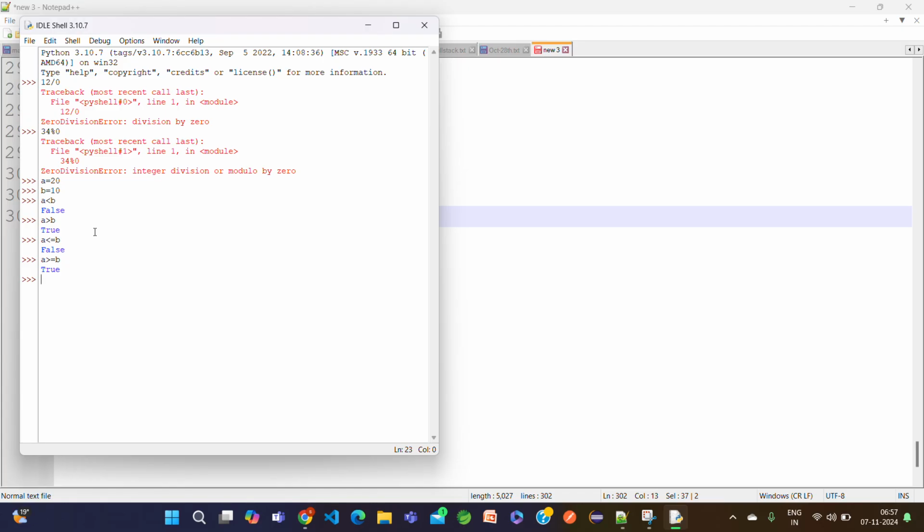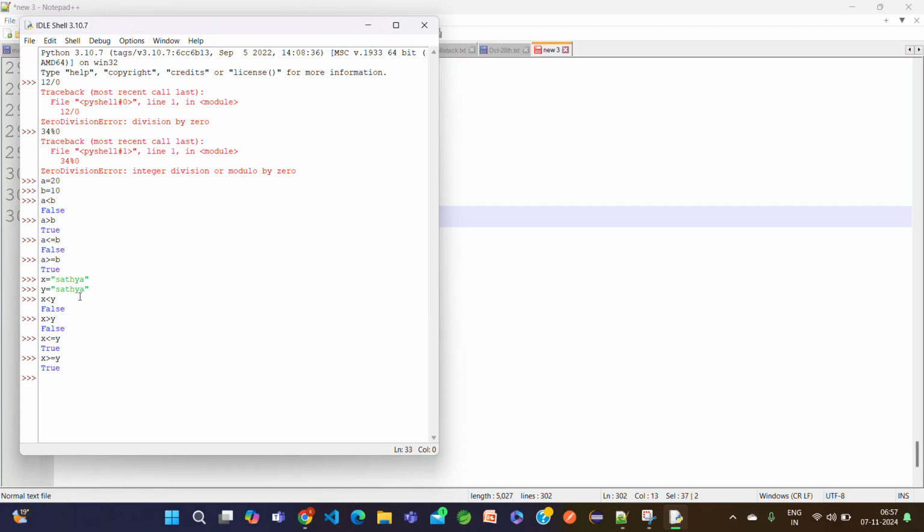Not only numbers, we can use names also. For example, x equal to Satya and y equal to Satya. x less than y is false. x greater than y is false. x less than or equal to y is true. x greater than or equal to y is true.